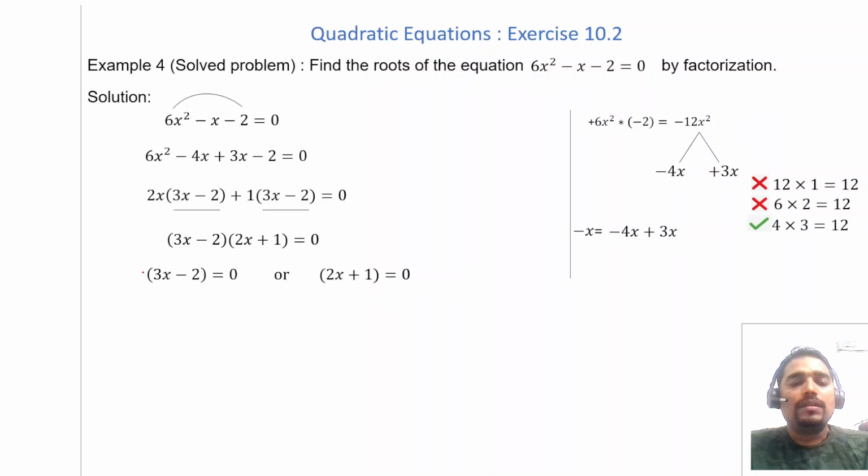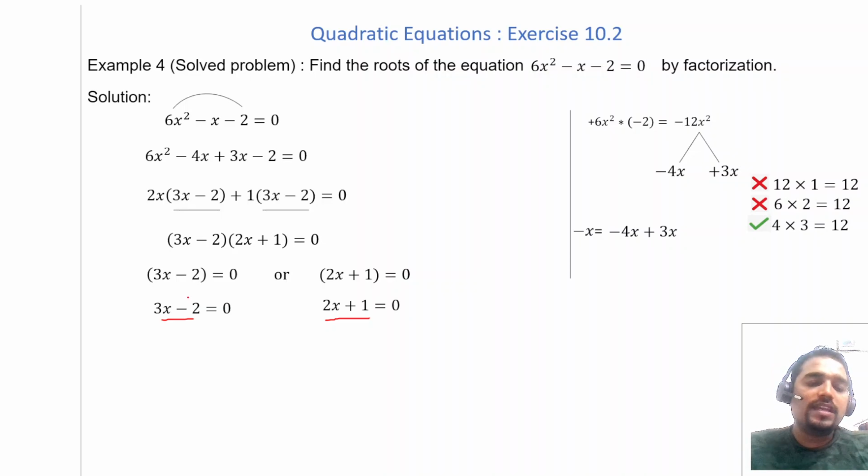So in the next step, 3x minus 2 is out of the bracket, and here 2x plus 1 is equal to 0. If these two terms are equal to 0, first let us simplify one term, wherein 3x minus 2 is equal to 0. Upon transpose, minus 2 becomes plus 2. Similarly here, plus 1 becomes minus 1. That's what we see in the next step.